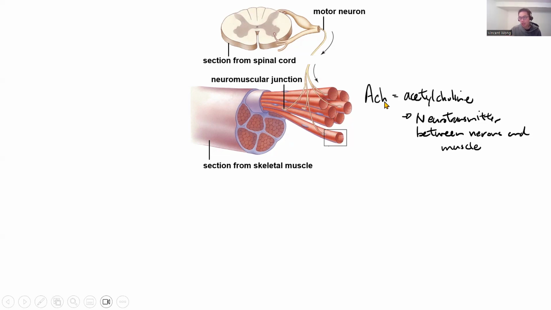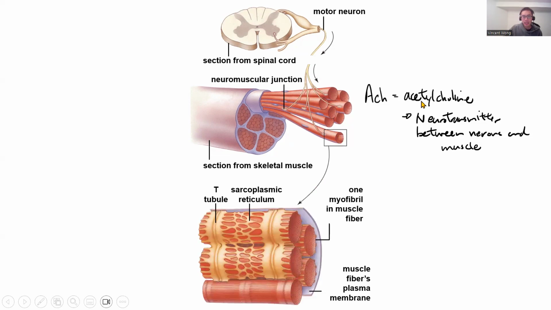So ACH allows muscle contraction. Keep that in mind. And the ACH, once it binds to the target, the muscle, it's actually going to cause the action potential to go down the T-tubules.